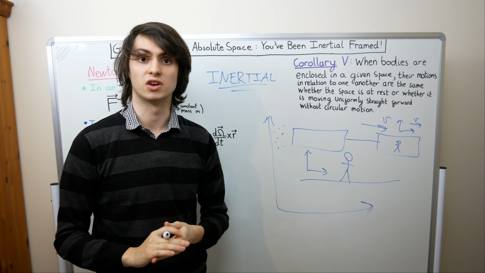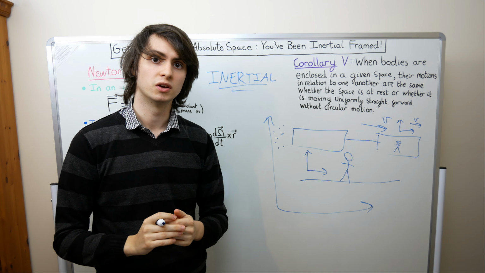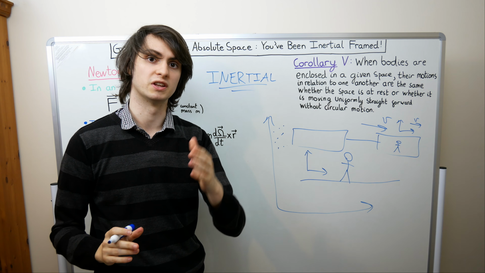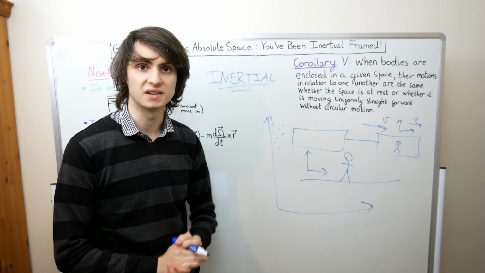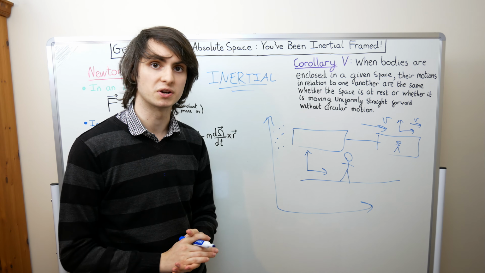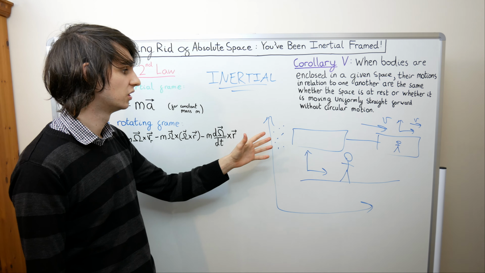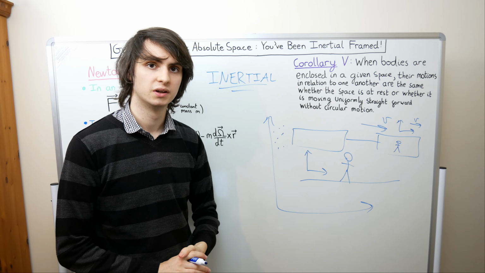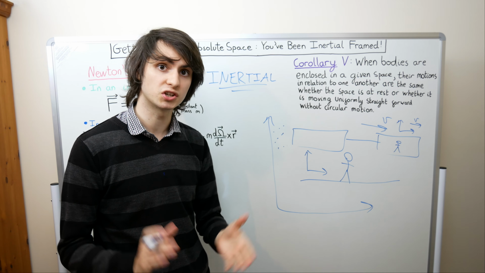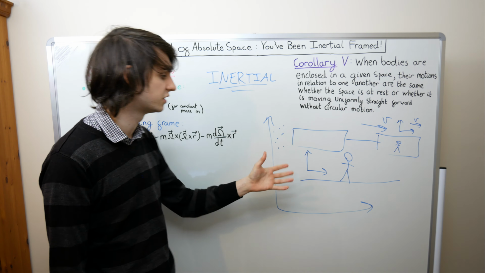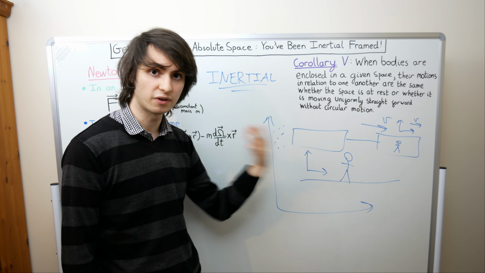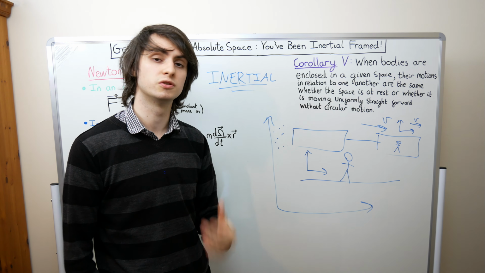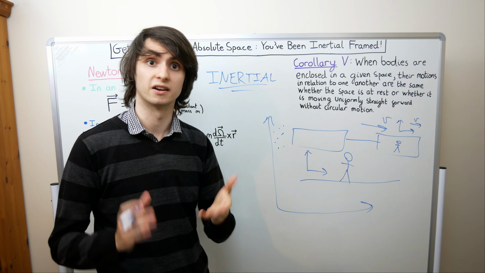What this means is that if you're in an inertial frame, you'll see force-free bodies move in straight lines with constant velocity. Now, if Newton's absolute space existed, then the reference frame in which the points of absolute space were at rest would be an inertial frame. This should be clear since, by definition, Newton's first law holds relative to absolute space. So the frame in which absolute space is at rest is clearly one in which Newton's first law holds, and so is an inertial frame.